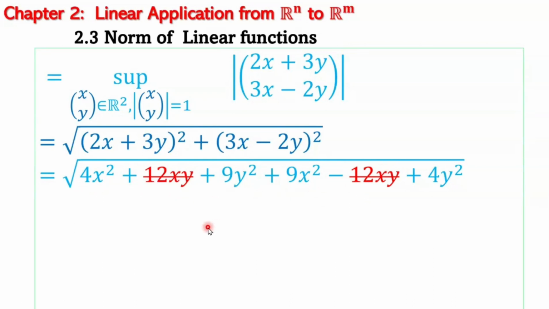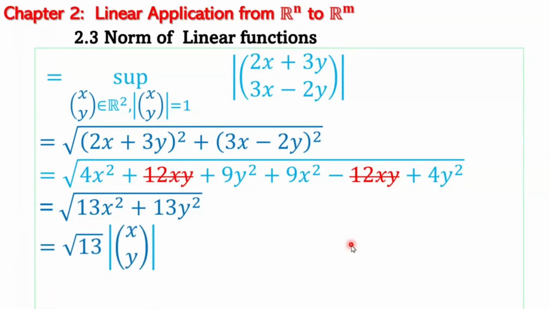Now we have 4 plus 9, which is 13, and 9 plus 4, which is 13. So we get the square root of 13x squared plus 13y squared. Taking out the 13, this equals the square root of 13 times the absolute value of the norm of (x,y). We already showed that the norm of (x,y) is 1, so the result is the square root of 13.